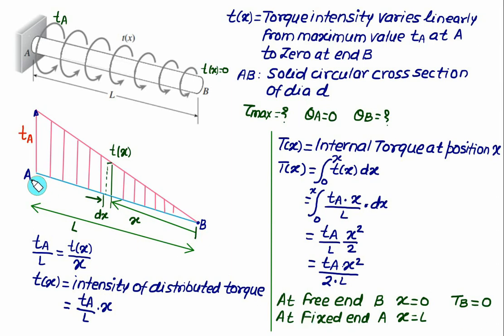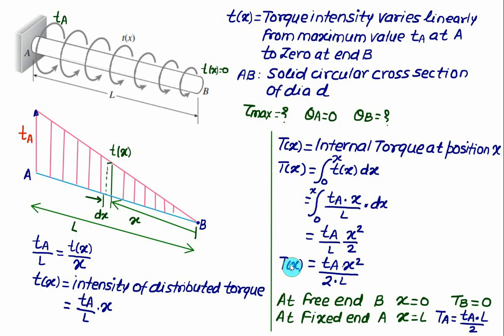At the fixed end, that is at point A, I have to put the value of x equal to L. In that case, I will get the torque Ta at end A. You have to just substitute x equal to L. In that case, it will be L square by L, that equals L. So this value is the same as Ta multiplied by L divided by 2. We know the value of the torque at A, which is Ta multiplied by L divided by 2, and this value is a maximum value.